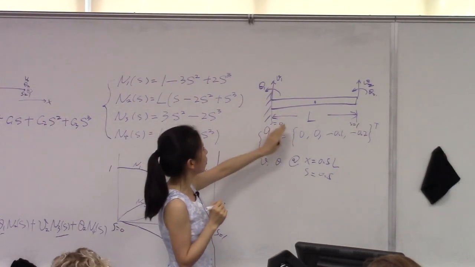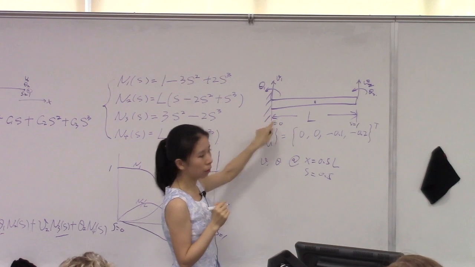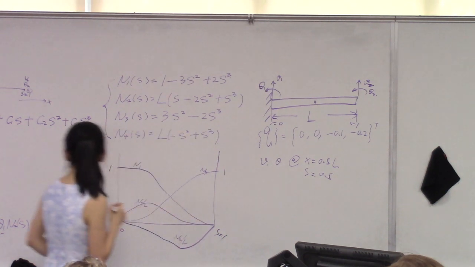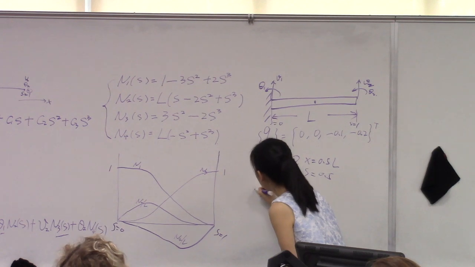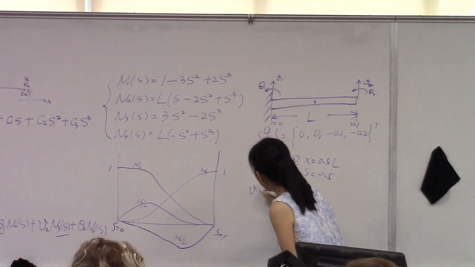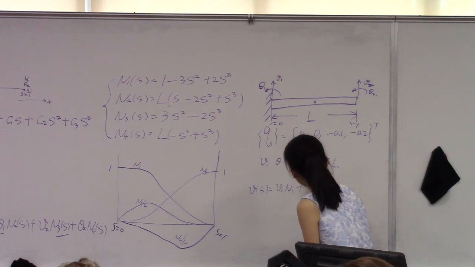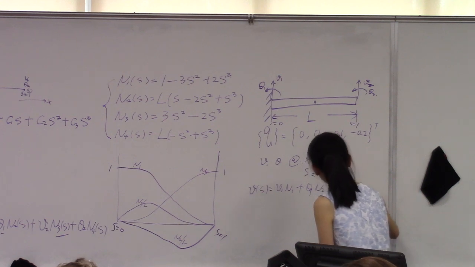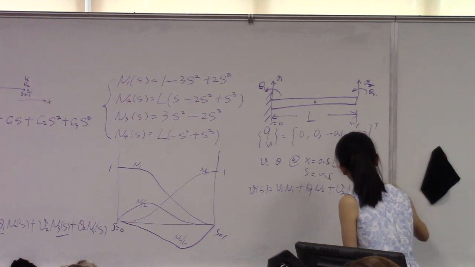Because this side is clamped, the deflection and the rotation on node 1, V1 and theta 1, are 0, 0. And then we have V2, theta 2. So for this problem, V of s is V1 N1, theta 1 N2, V2 N3, theta 2 N4.